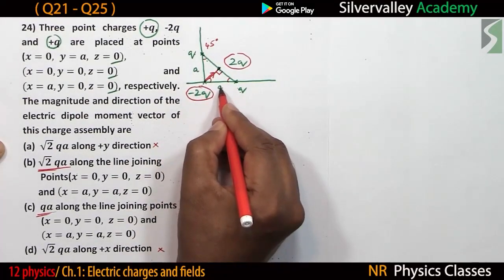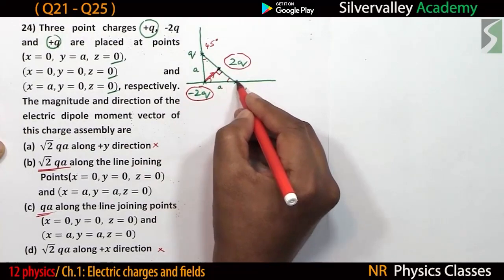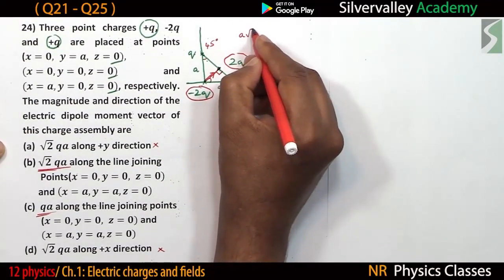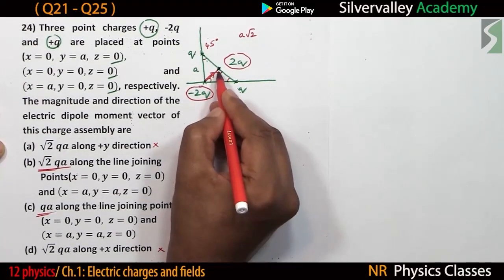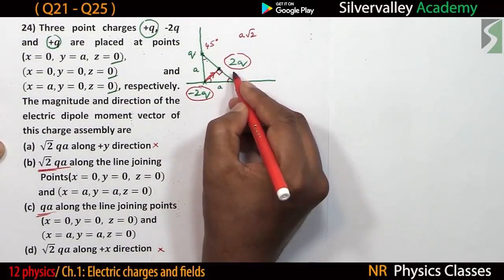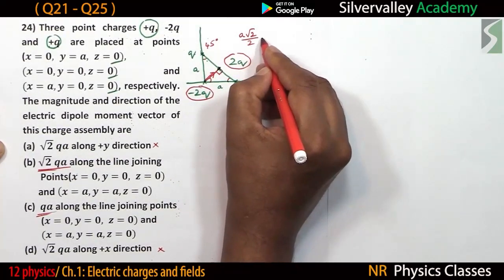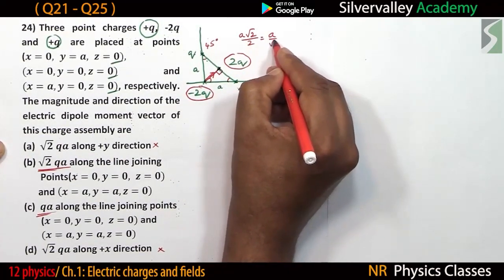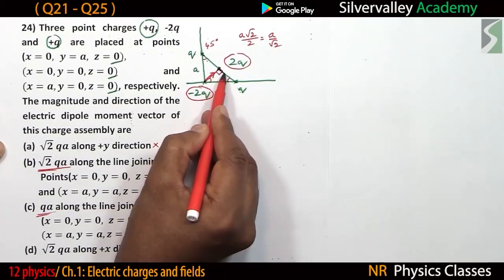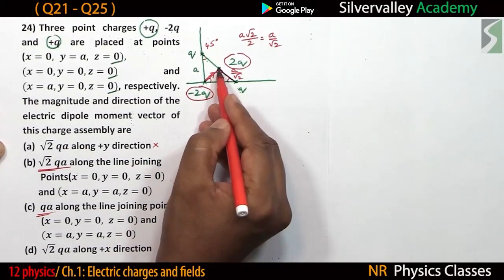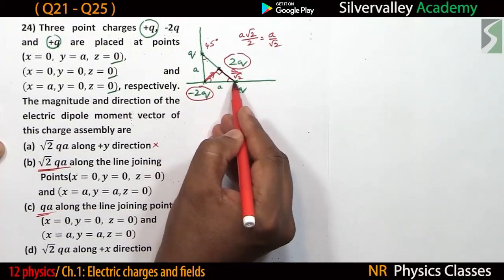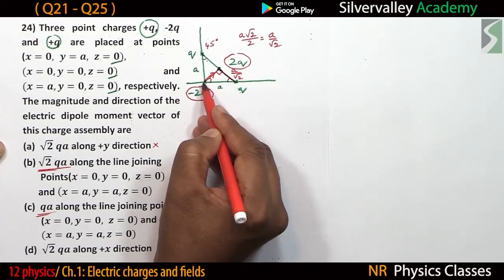If this is a and this is a, this total length is a root 2. Then this length is half of this, divided by 2, means a by root 2. So this length is a by root 2. This length is also a by root 2 because it is an isosceles right angle triangle.